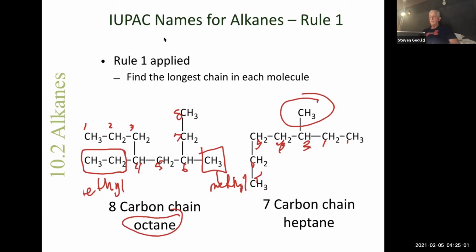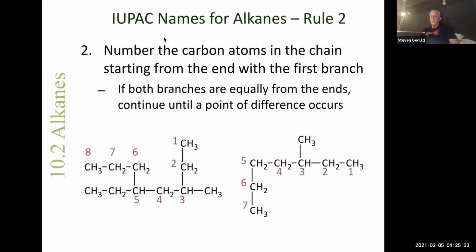Number the atoms in the carbon chain from the end with the first branch. In other words, you start with 1, 2, 3, and you've got a branch right here, 4, 5, 6, and a branch right here. Why didn't they start with this one as number 1?